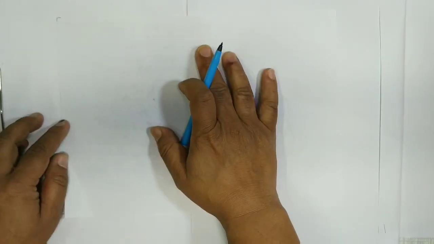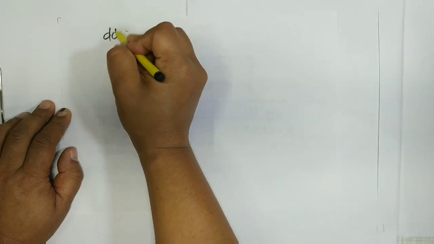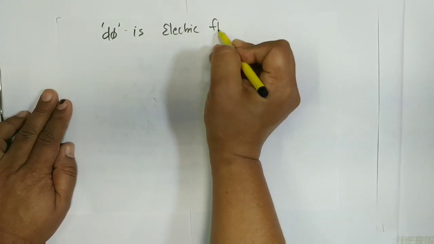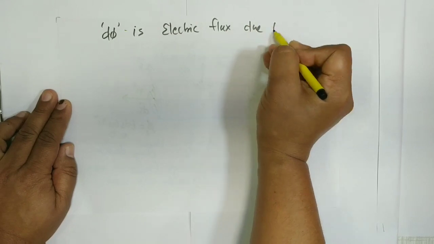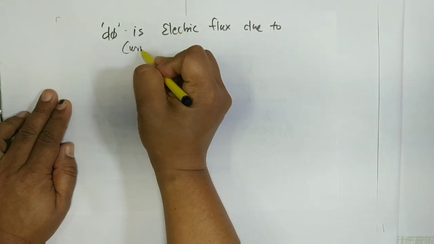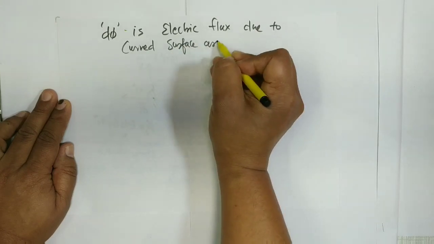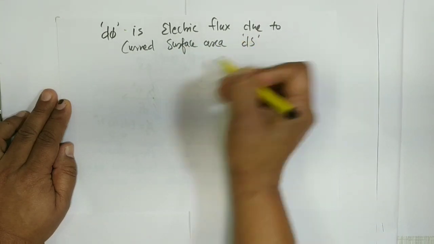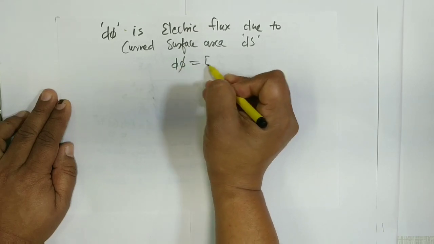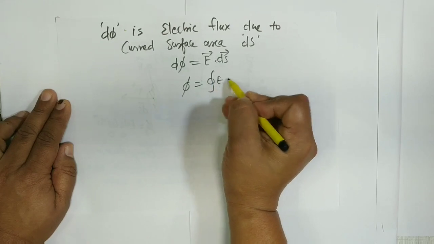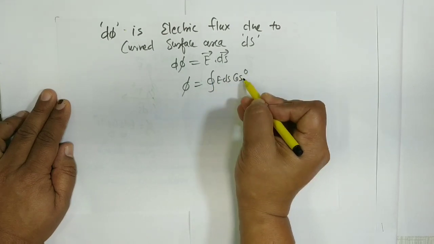So what we see is, consider that d phi is the electric flux due to curved surface area dS. Only curved surface, so d phi will be what? E dot dS. Again the same thing. Phi will be integration of E dS cos 0.